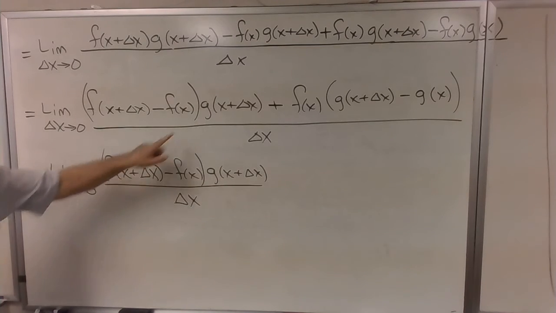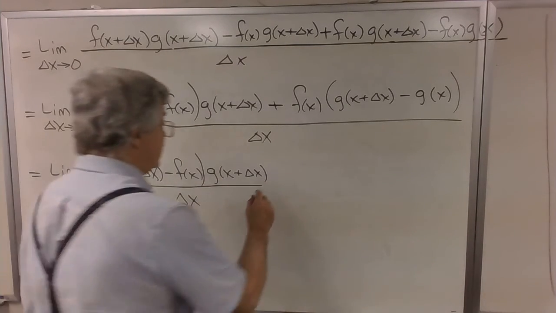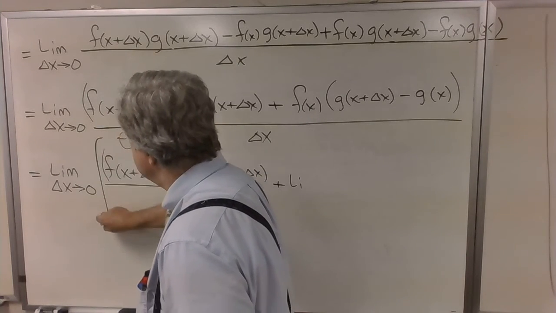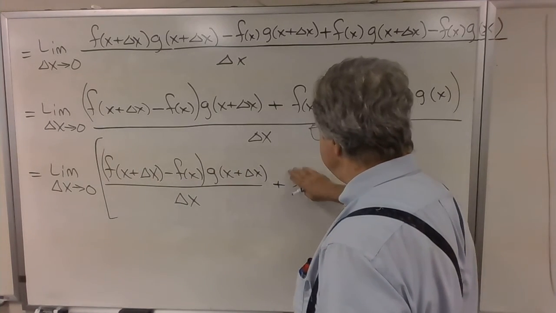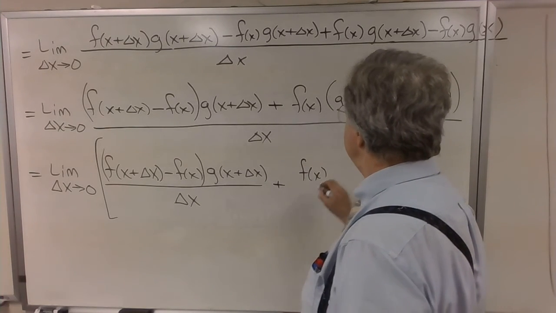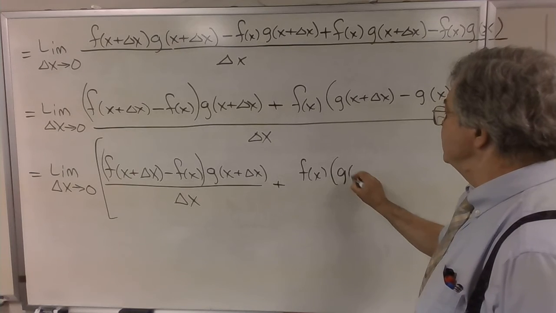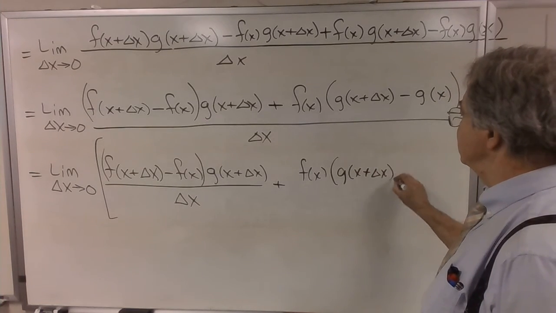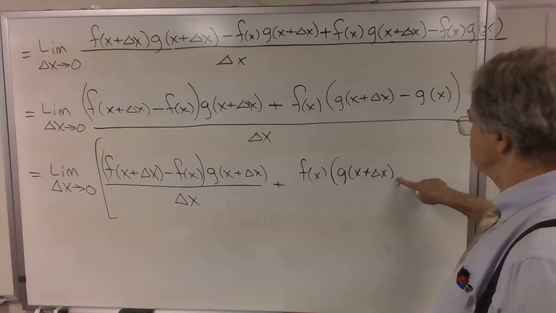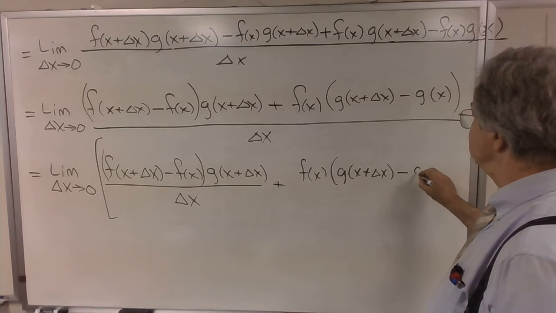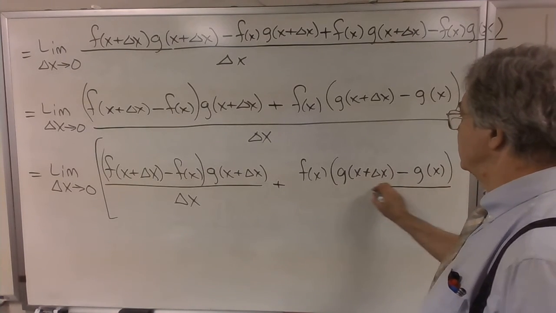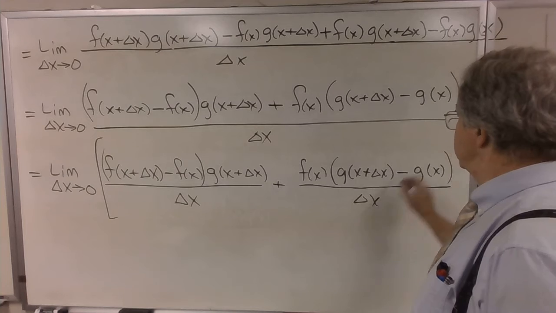So here's the limit of the first one, plus the limit of f of x times g of x plus delta x minus g of x, all over delta x.